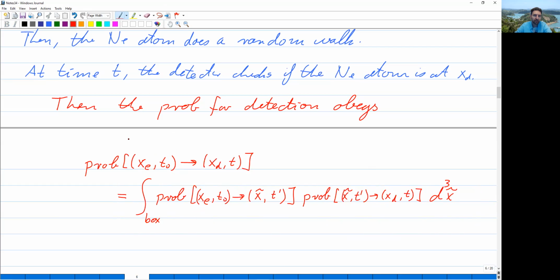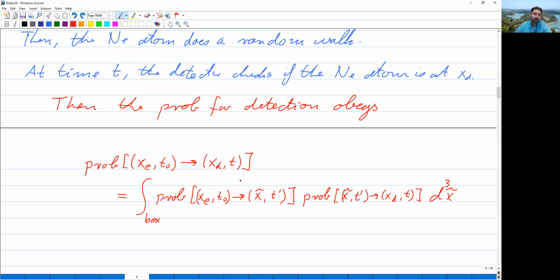Namely that the probability for the particle emitted here and then to arrive here and there at that time is the probability that it traveled to this intermediate location at an intermediate time and then onward from that intermediate location at the intermediate time to the target, to the detector, if we sum over all possible intermediate locations that it might have been at the intermediate time.